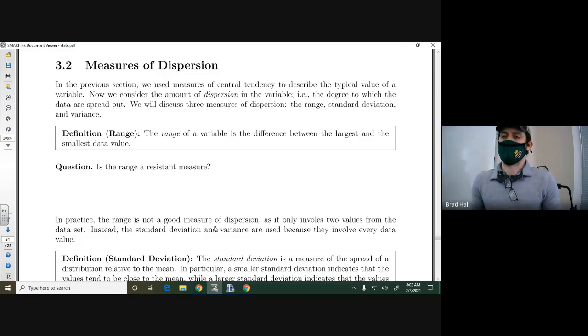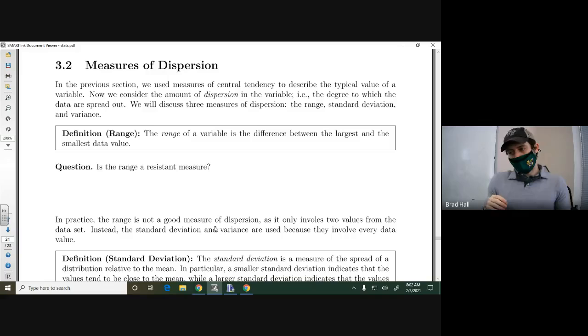In this chapter, now that we have data collected and even sometimes modeled, in the previous section we started talking about measures of central tendency, which were the types of ways to measure the middle behavior of the data, or in more technical terms, the typical data value. But just because there's an average to a data set doesn't mean that every data set with the same average behaves the same.